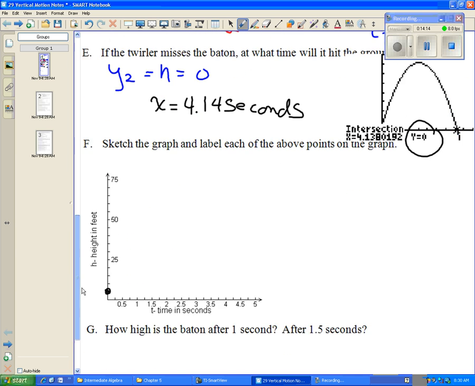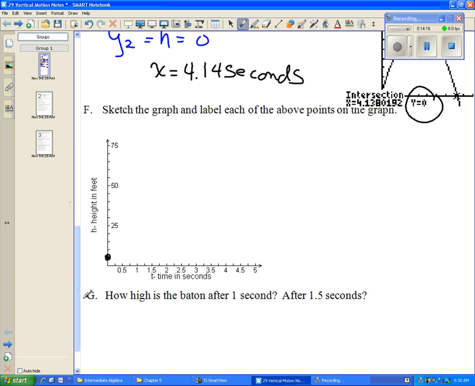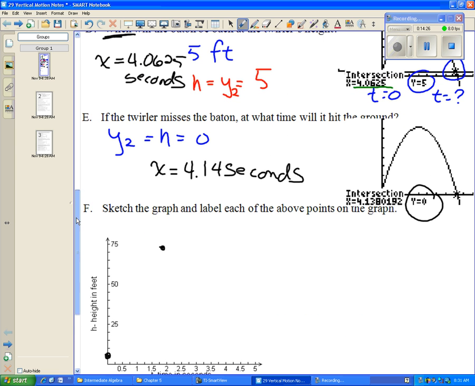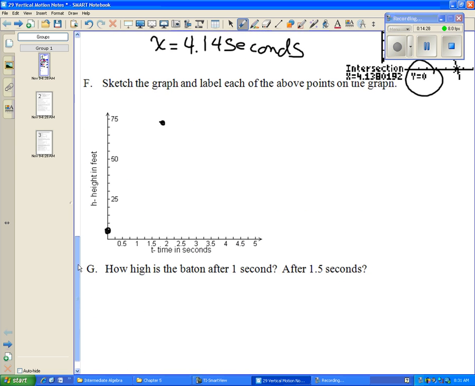So around 2 seconds, I need to be close to 71 feet, which is about right there. Coming back down at 4.06 seconds, I need to be back at 5 feet. And at 4.14 seconds, I need to be back on the ground.